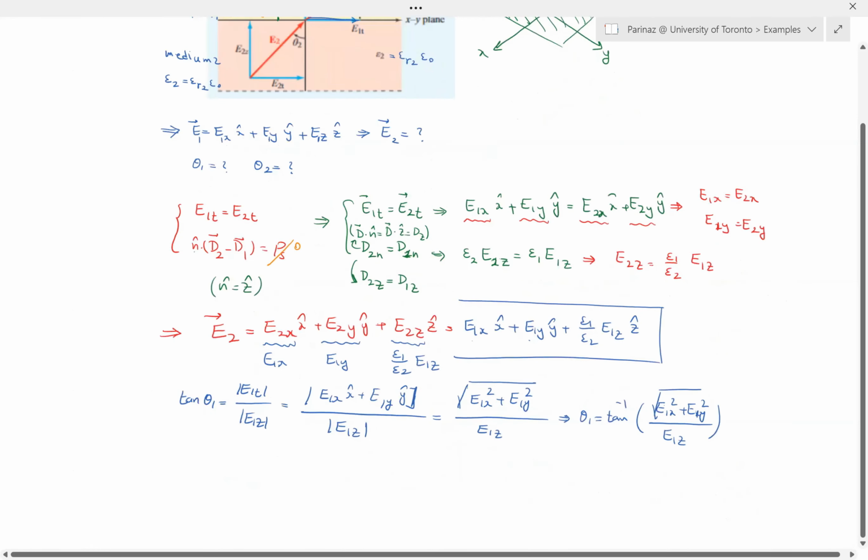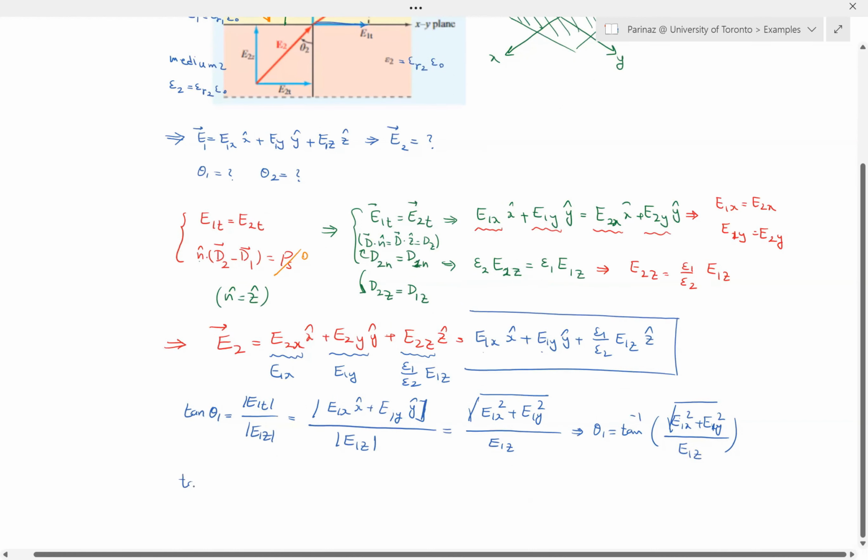So again, if E1x, E1y and E1z are given to you, you can find theta 1. Let's find theta 2. Tangent of theta 2 is going to be the same thing: the amplitude of E2t over E2z.